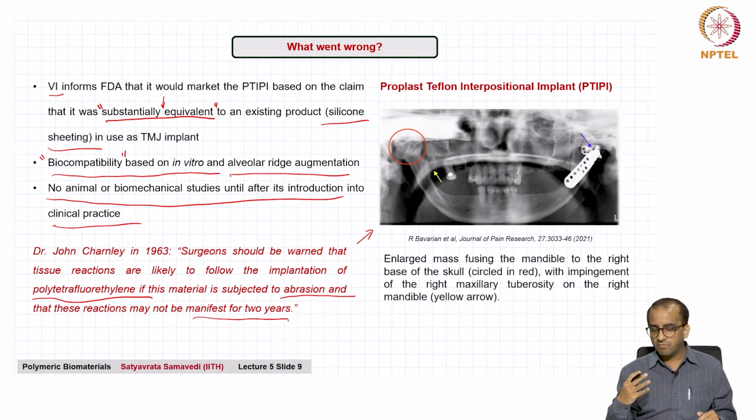So, when you talk about biocompatibility, time also becomes important. How long is the material intended to perform there, and will it do its intended job for that period of time?